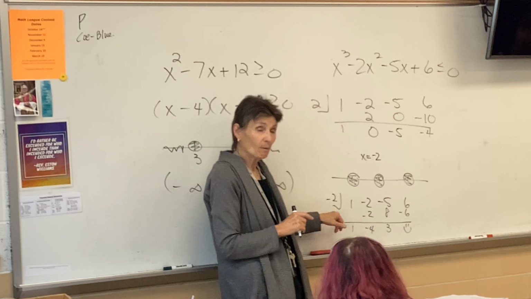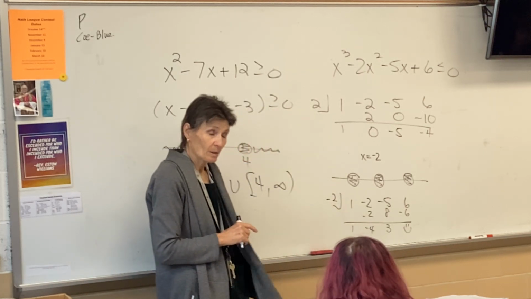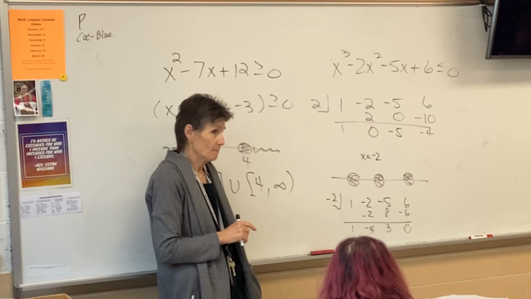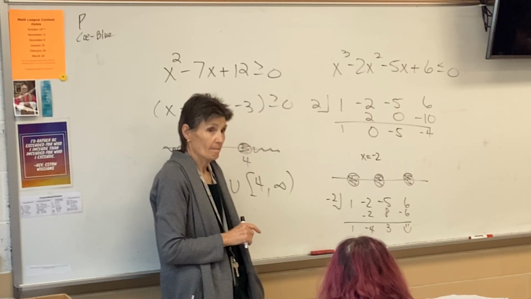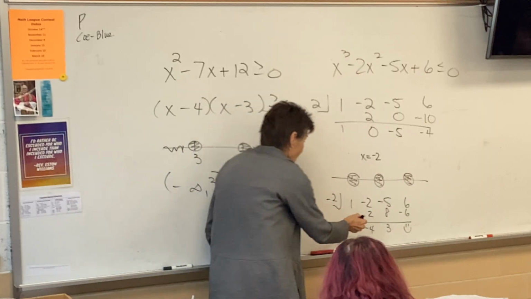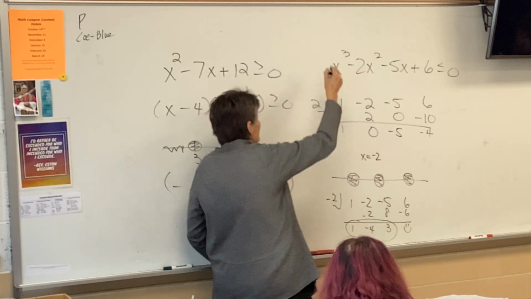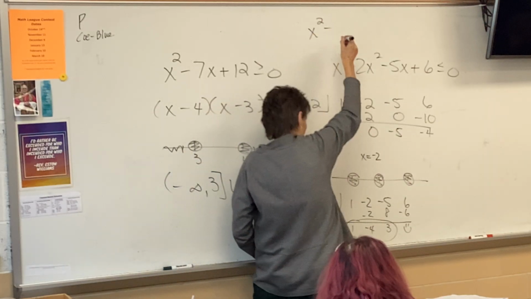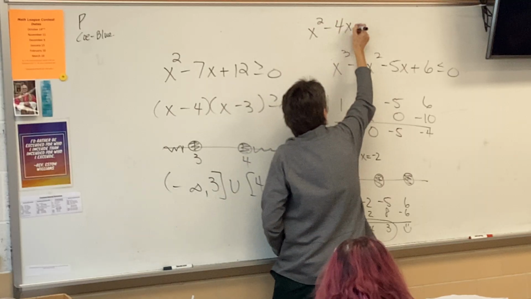I don't know which one yet because I don't know what the other ones are. Now I need the other 2. Where will they come from? This guy right here, clear down at the bottom, that's gonna be x squared minus 4x plus 3.